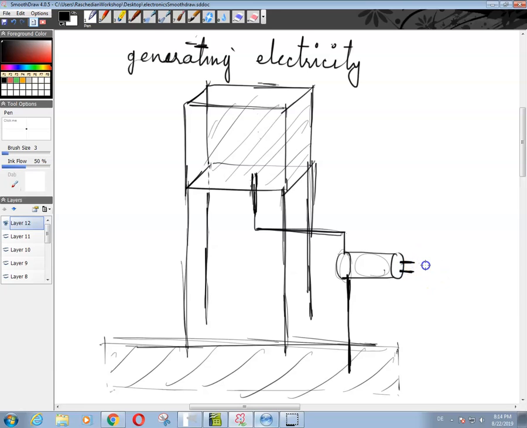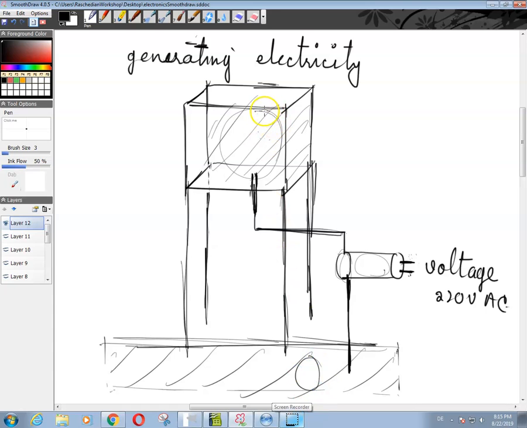This gives you some voltage, for example 220 volts AC or something like that. And this voltage is basically some potential difference, and it corresponds to the difference of the potential of water up here to the water down here.